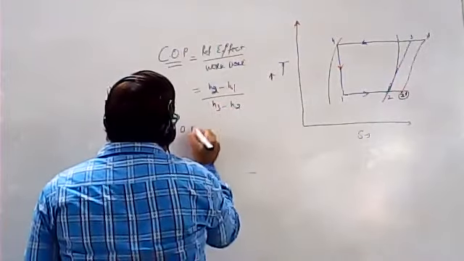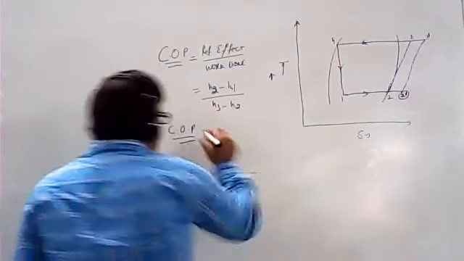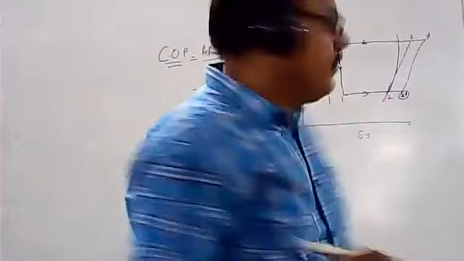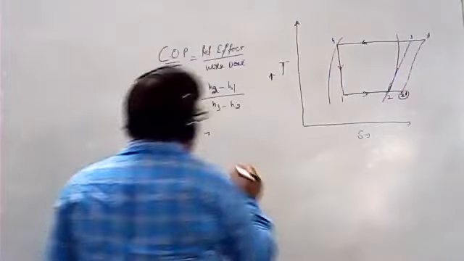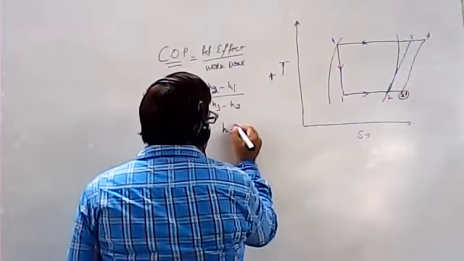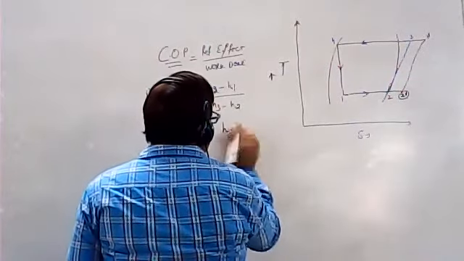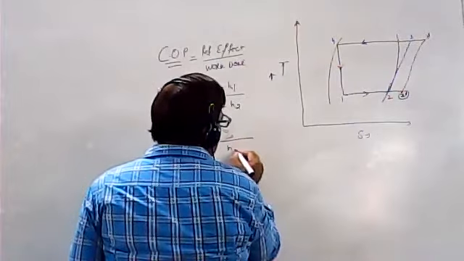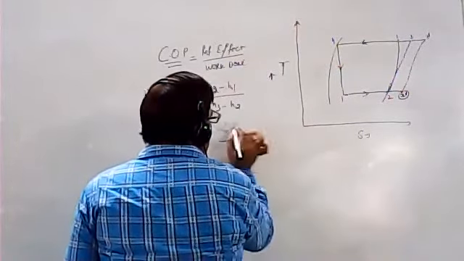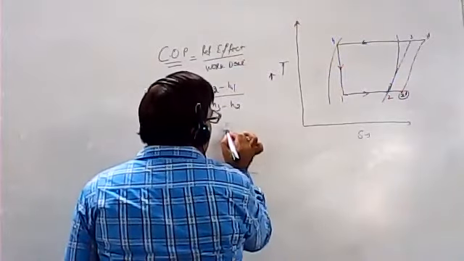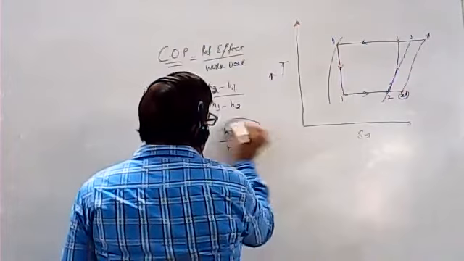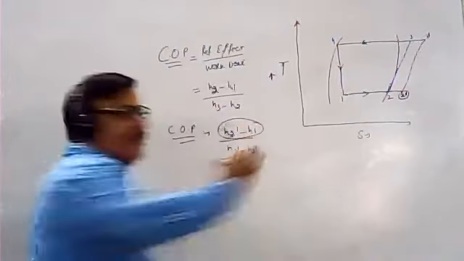But when your refrigerant is in superheated state after evaporation, then what will we expect? Look at here. Your compressor work will get increased from H3 dash to H2 dash, and your refrigeration effect will also increase. From H2 dash to H1, refrigeration effect will get increased.